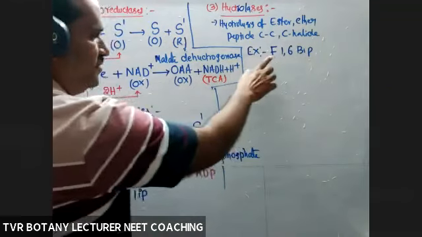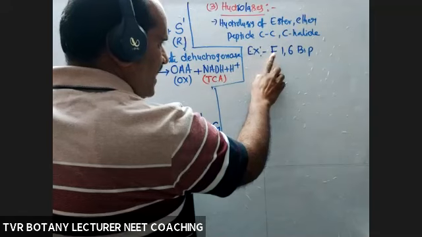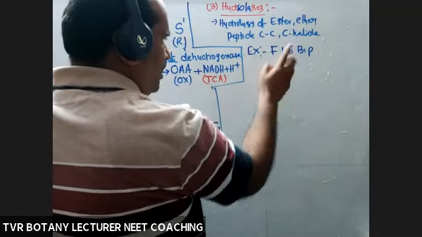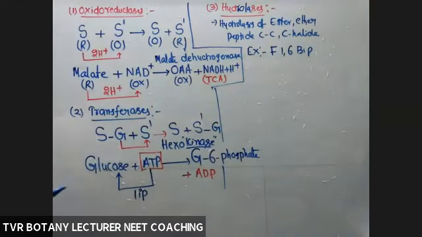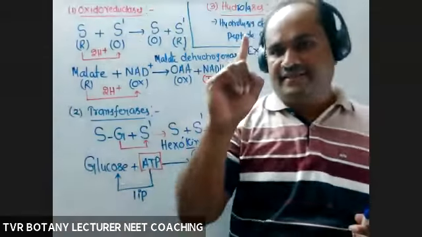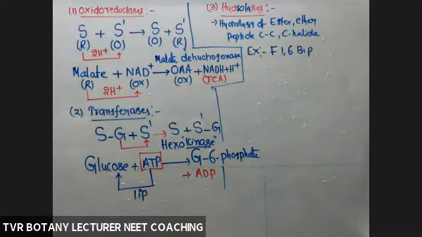Come back. This one is fructose. F is nothing but fructose, a 6 carbon sugar. Fructose 1,6. How many phosphates are there? 2 phosphates. Bisphosphate. Fructose 1,6: the first carbon with 1 inorganic phosphate, the sixth carbon with 1 more phosphate. Total number of phosphates, 2.